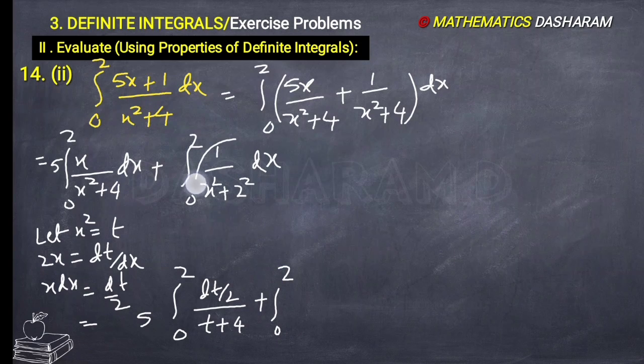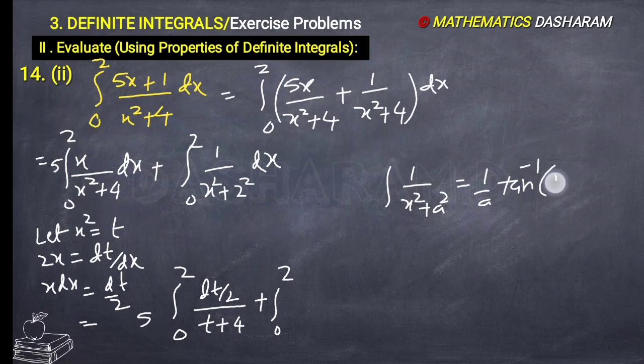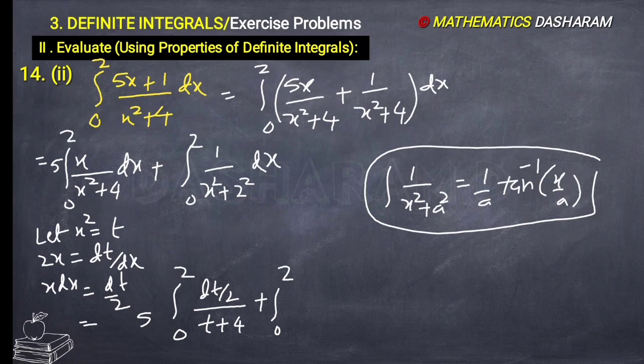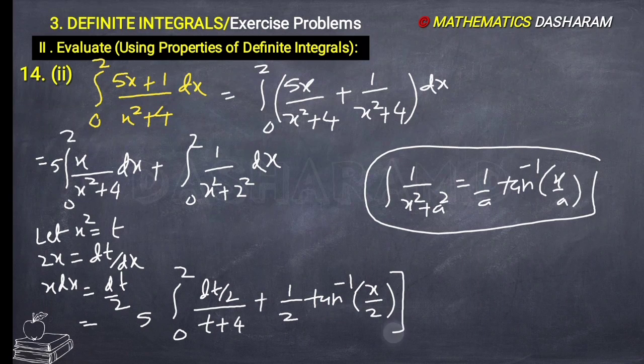Here for 1 by x square plus 2 square dx, the suitable formula is integration of 1 by x square plus a square equals 1 by a into tan inverse x by a. So this is a suitable formula. As per this formula, the answer is 1 by a, with a value 2, into tan inverse x by a, and write the limits as they are, 0 to 2.